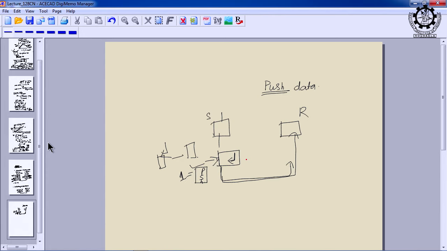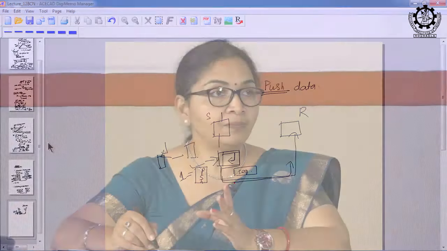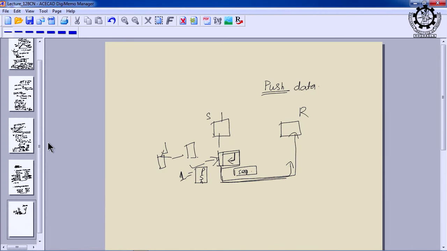When the push flag is on, the data given by the sender is immediately encapsulated into a segment, even with 1 byte or 2 bytes of data, and sent immediately to the receiver side. Here also it is not buffered in the receiver; rather it goes out of sequence, and the segment is processed immediately and you get back the response.